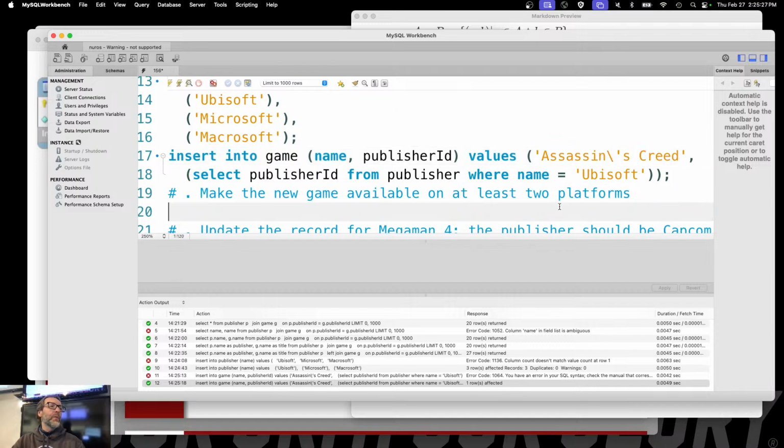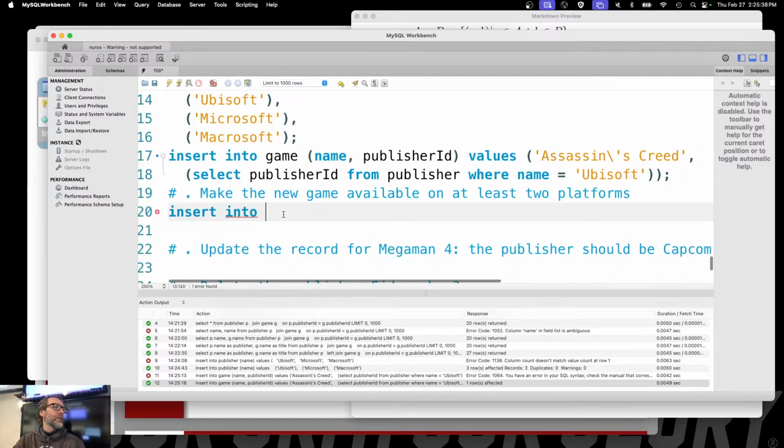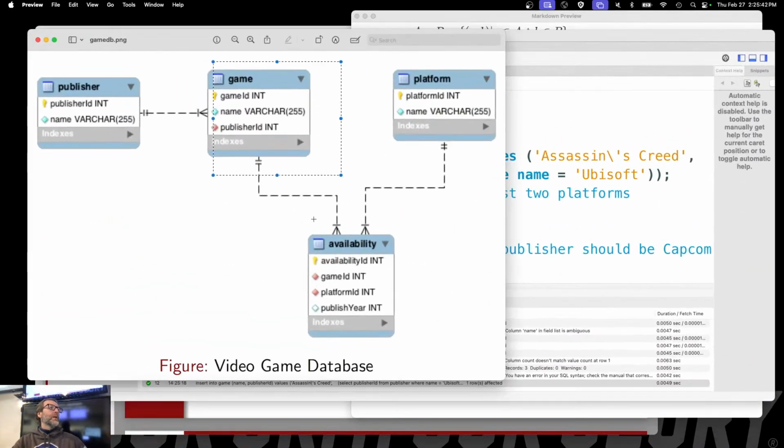Make the new game available on at least 2 platforms. Let's make it available on Playdate and Index. So insert into, give myself some more room here, availability. So what am I going to need for the availability table here? The game ID and the platform ID, and I should put in the publish year.